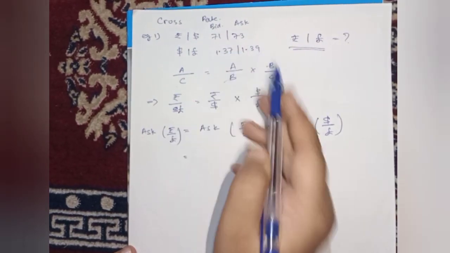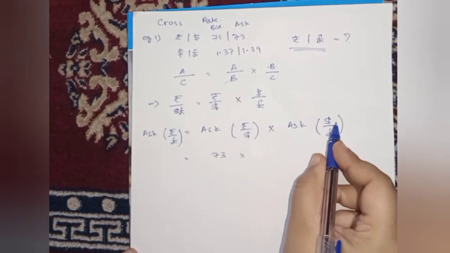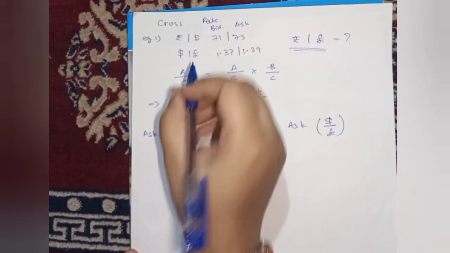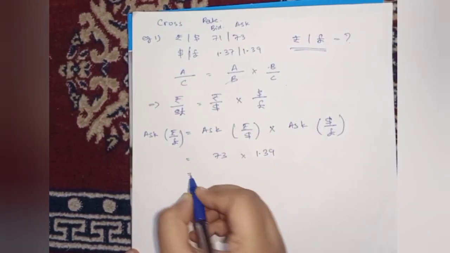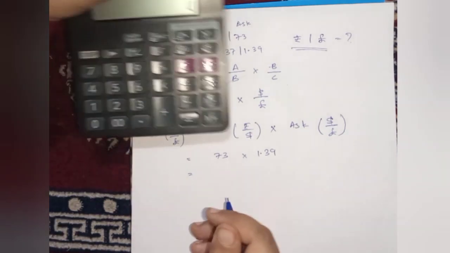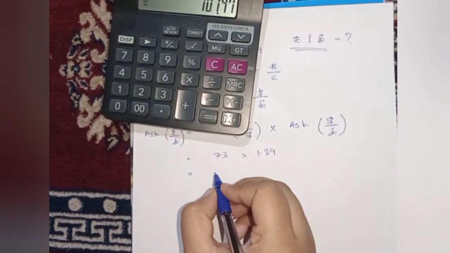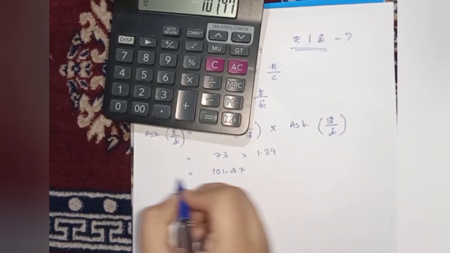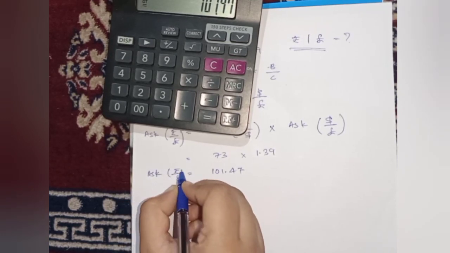It is 73. This will be multiplied by the ask rate of dollar per pound, which is 1.39. So 73 into 1.39 is 101.47. This is the ask rate of rupee per pound.